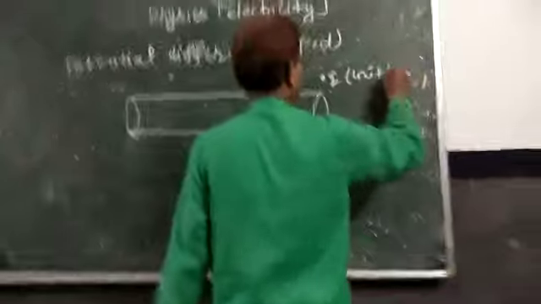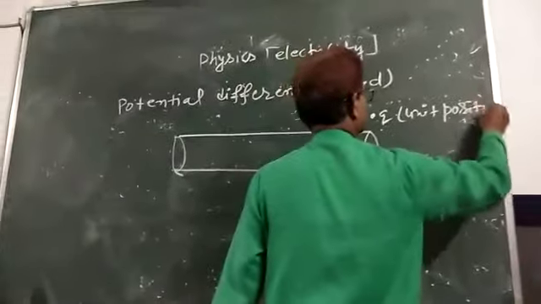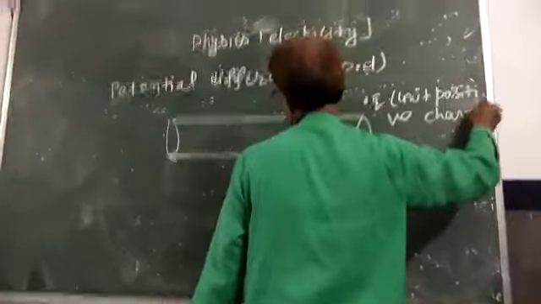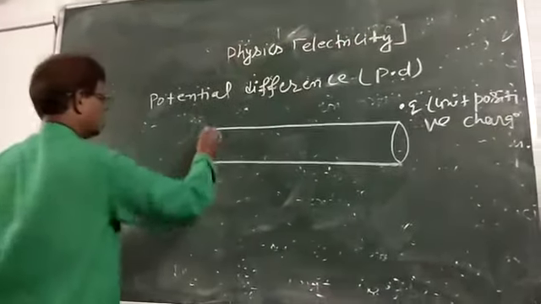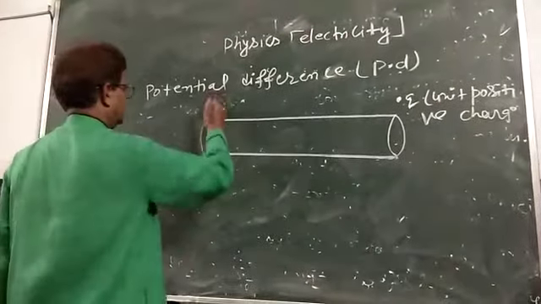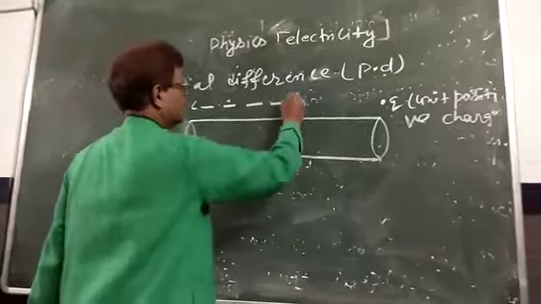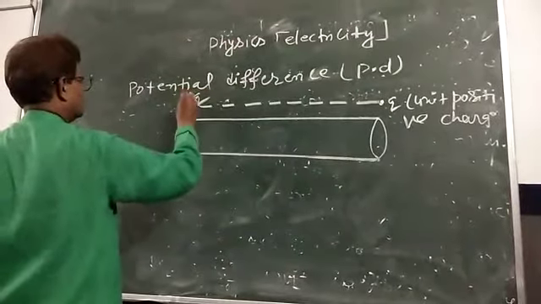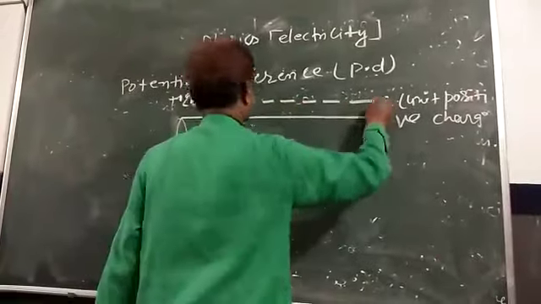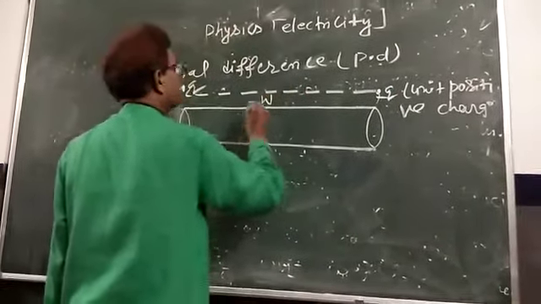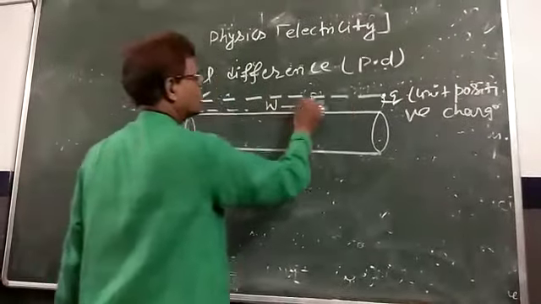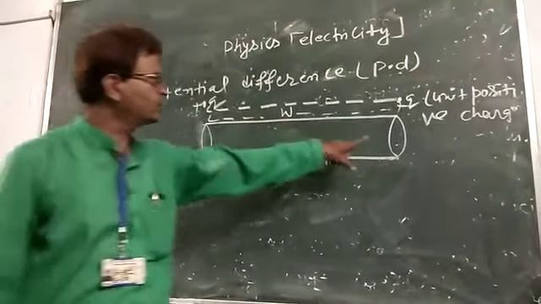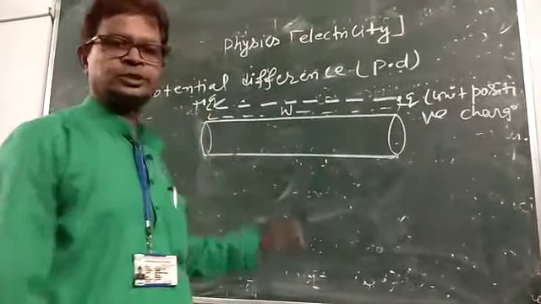Unit positive charge. See, this is the conductor, one terminal is this and the other terminal is this.